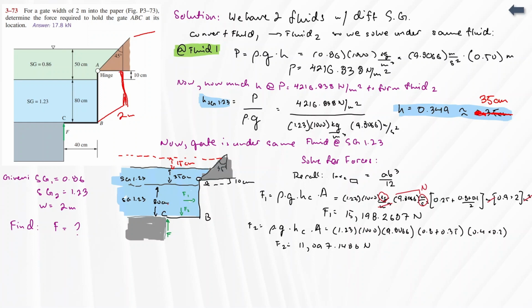Okay, so 0.8 meters plus 0.35 meters, times yung area mo, which is 40 centimeters times width, which is 0.4 times 0.8. You would get 11,097.1486 newtons.